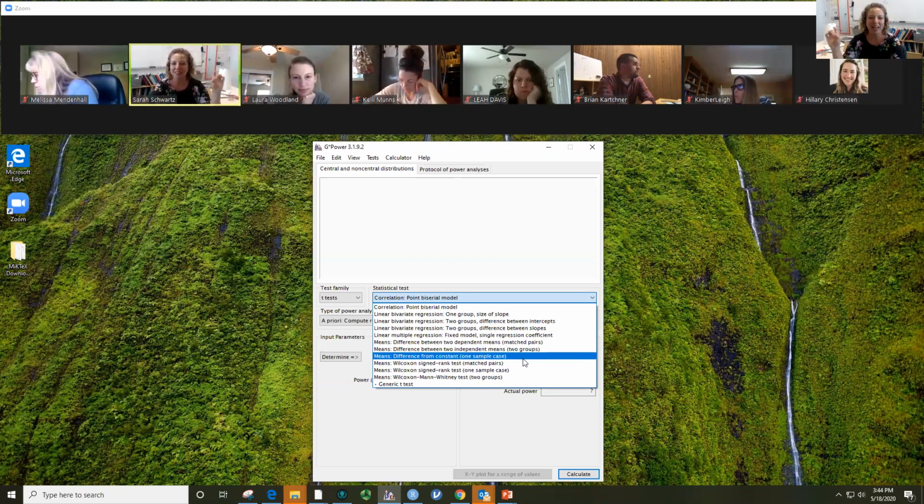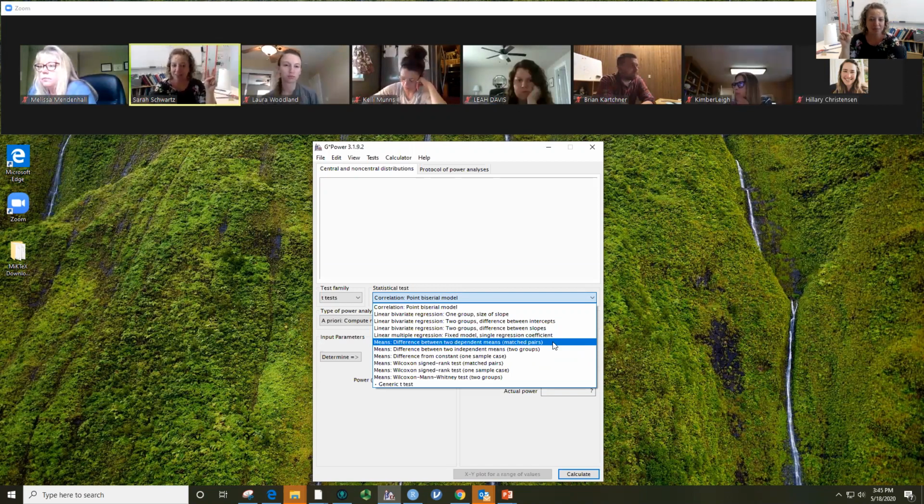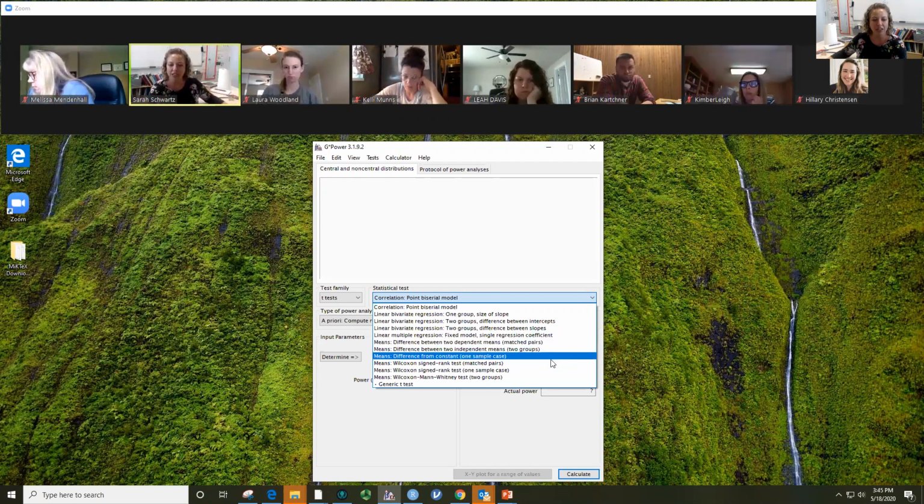That's a 1 sample t-test. We've learned how to do those, right? Right above that, it says means difference between 2 independent groups. Two groups. That's what we learned how to do today. And what's right above that? Difference between 2 dependent means or matched pairs. We'll come back to that later. So these three are the ones we're going to do.